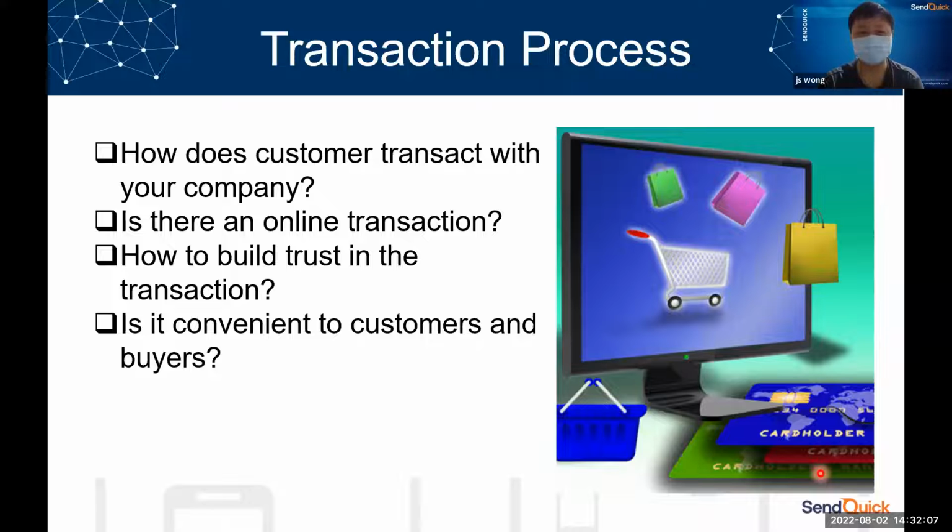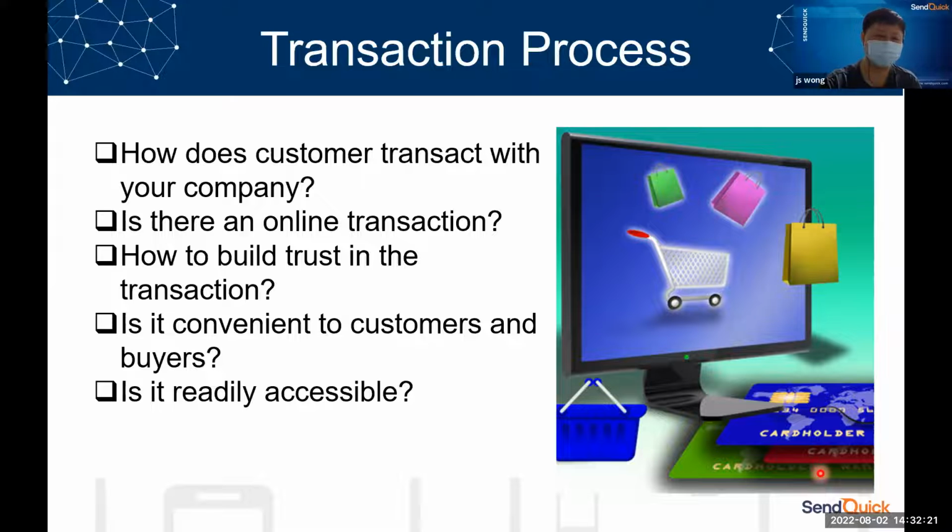Is it convenient to customers and buyers, right? So when you do online or offline, what's the convenience factor is also very critical. And is it readily accessible, right? Is your store accessible? Or online is always easier, but if you do online, that means you have to up your service operations to service customer when they purchase anytime they want to.